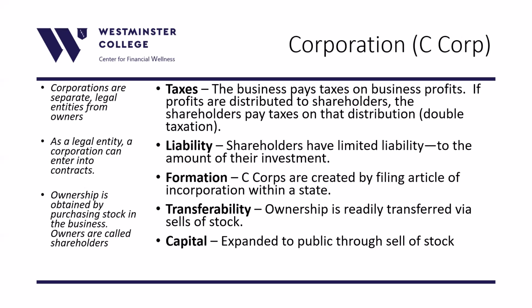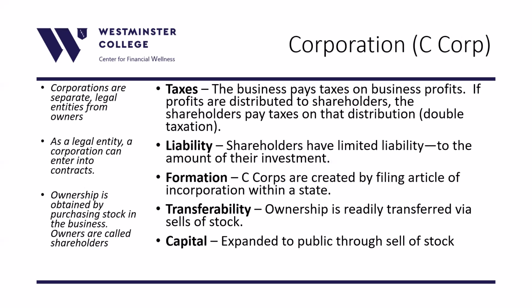So if the C Corp doesn't pay dividends, then the owners won't pay taxes on that. But the minute they do, then the owners will also be taxed on the corporate profits. So this creates the issue of double taxation, which is one of the major drawbacks of a C Corp type of business formation.